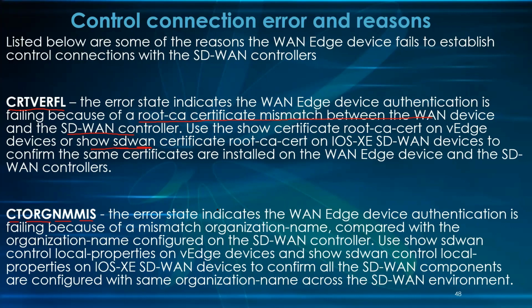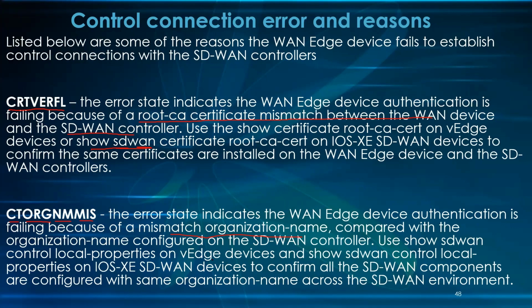So the error state indicates that the WAN edge device authentication is failing because of a mismatched organization name compared with the organization name configured on the SD-WAN controller. Use show sdwan control local-properties on vEdge devices, or show sdwan control local-properties on IOS XE devices.